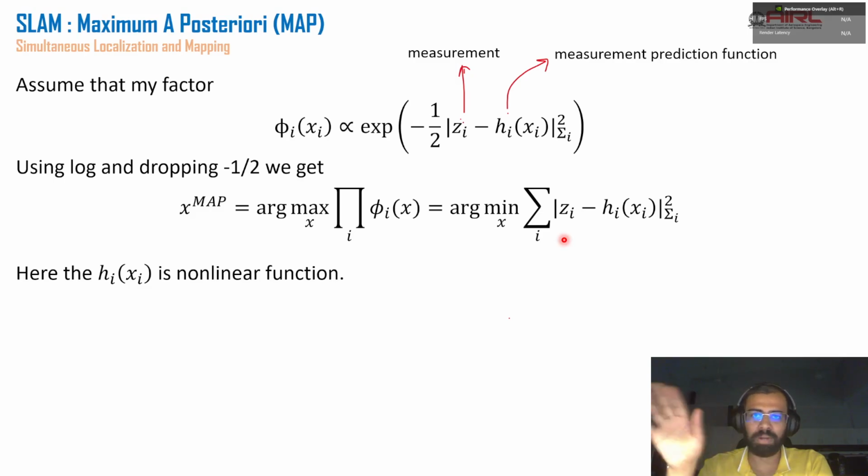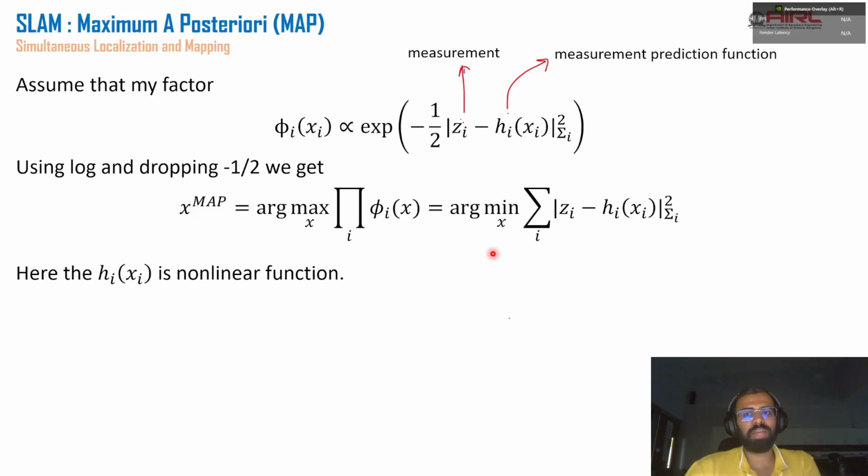So that measurement prediction function will come into play there. Given this, I will just take logs on both sides, remove the -1/2, and this is the term which I would get. Now remember, we had removed the -1/2, so if you take the log, the multiplicative term becomes additive, and because you're taking the minus out of it, the argmax will really become an argmin. Okay, so far so good.